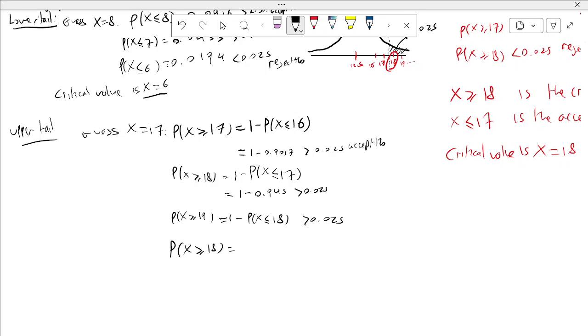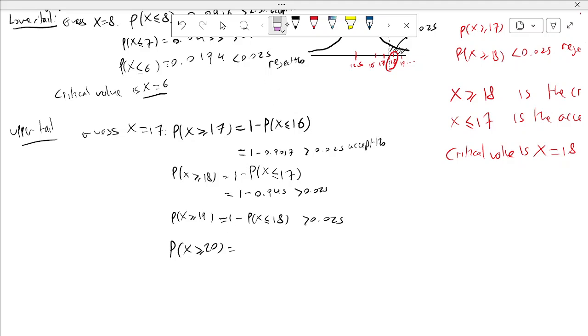Greater than or equal to 18, I've done 18. What am I doing? Let's try 20. I should actually write this number down. So 1 minus 18, sorry.